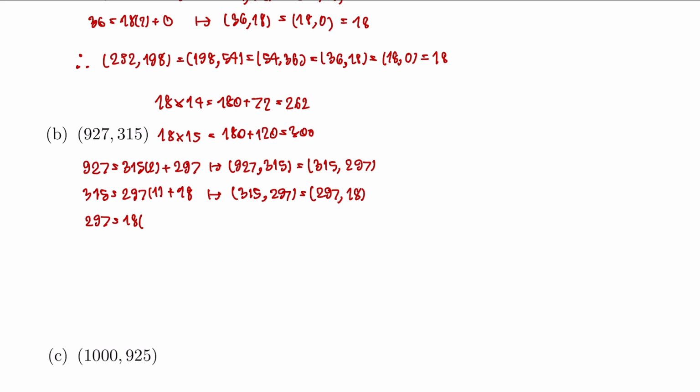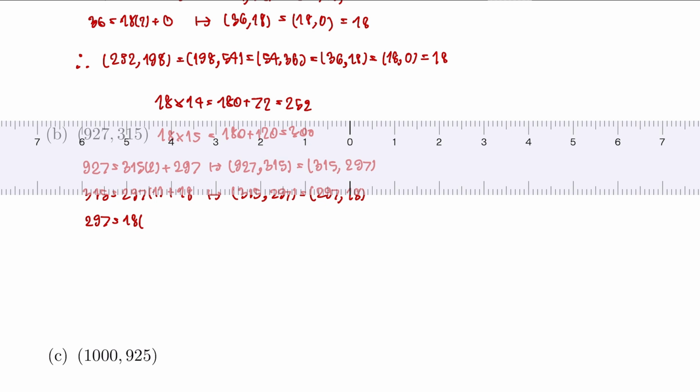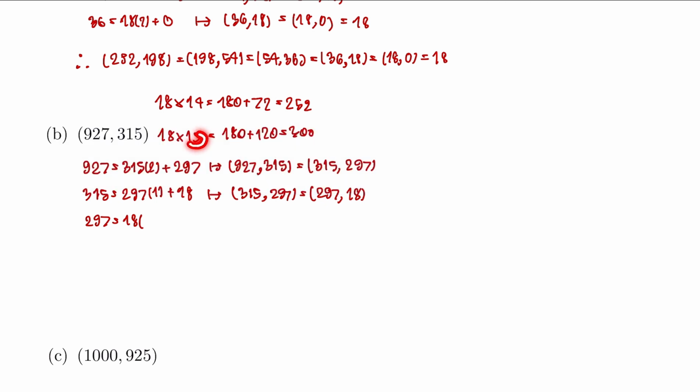Oh, no, I think I have the wrong number. Give me a second. 15 times 18: 18 times 5 is 50 plus 40, which is 90. So it turns out to be 270.